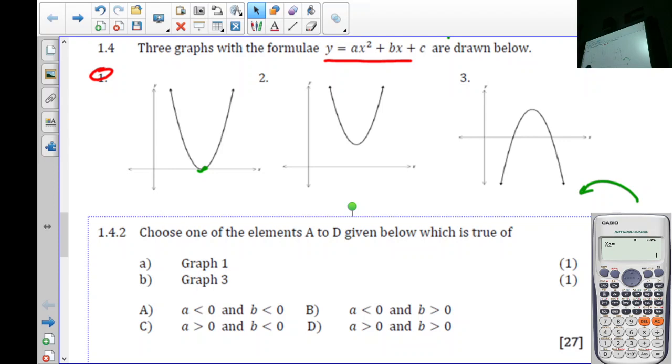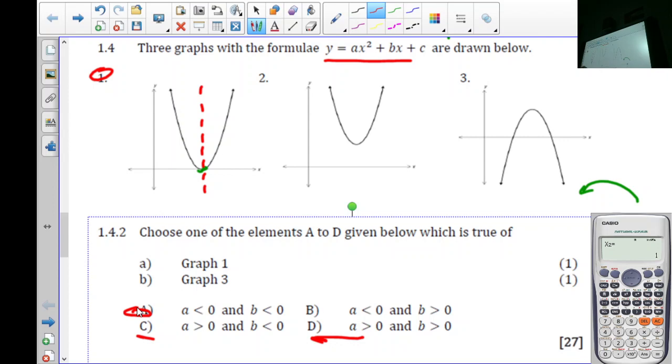So if you're looking at graph 1, what they're trying to note here is whether A is negative. First look at 1, as you can see the graph is smiling, so A has to be positive, so it's either C or D. But if you look at where the axis of symmetry is occurring, it's at the positive part of your x-axis. So your axis of symmetry is minus b over 2a.